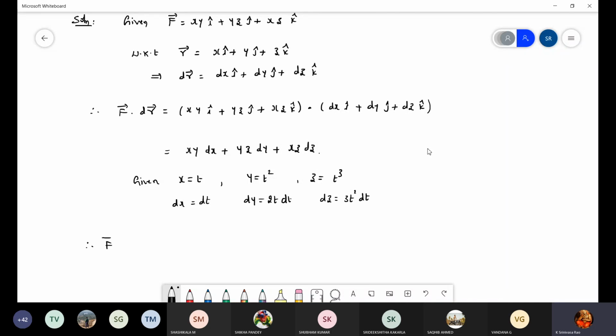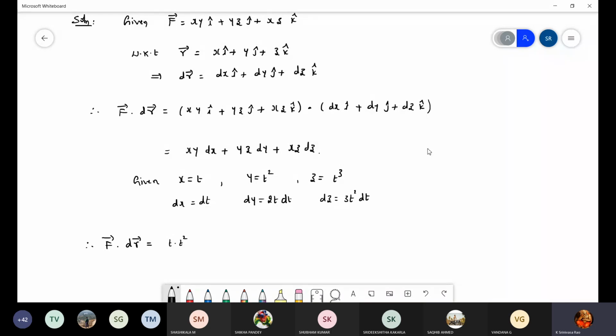Therefore, F dot dr equals, substitute here x means t. I will use the bracket t. Y means t square. No negative sign is there, not required, so I will put a simple dot only.